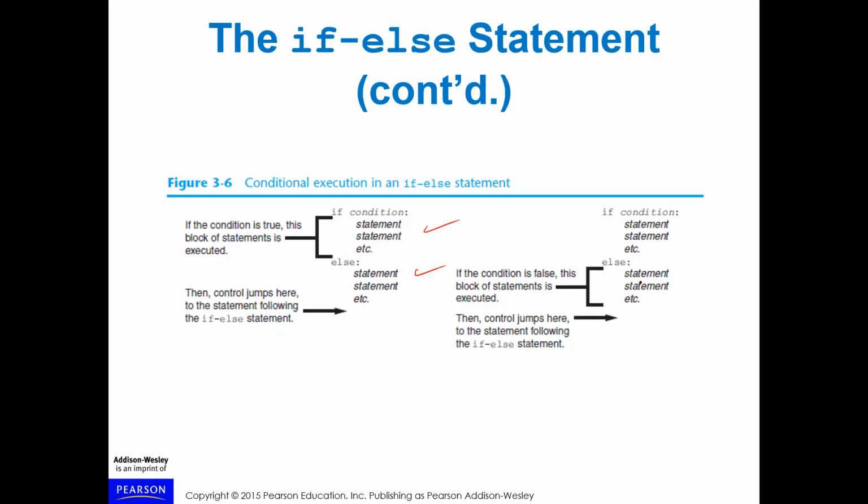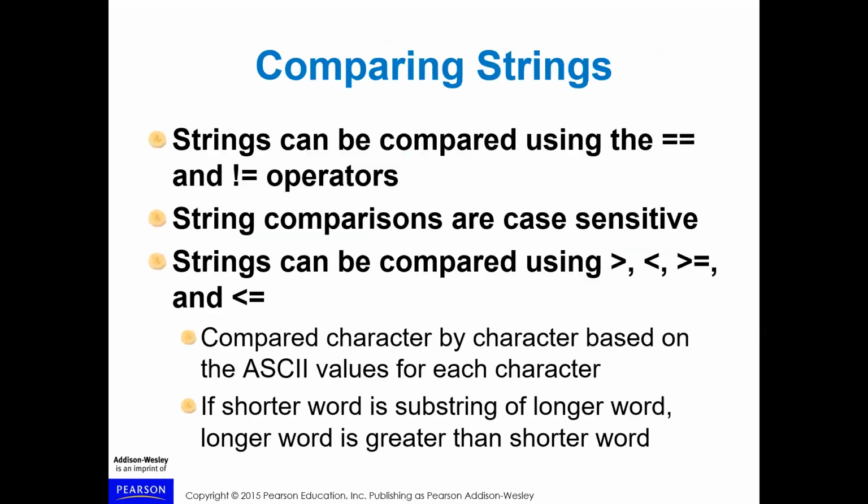If the condition is false, we jump over here. The end is always after the if statement. So if this is true, it executes this block, else it just jumps outside and doesn't execute what's in the else, because it can only execute one or the other.